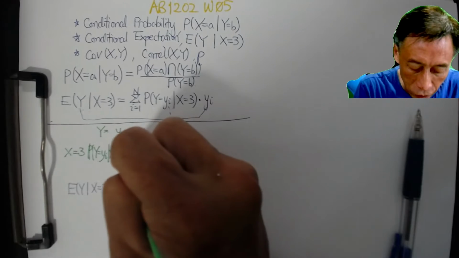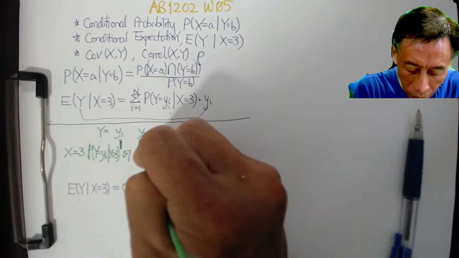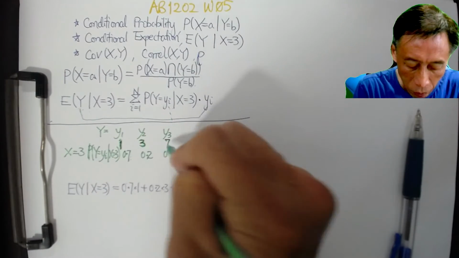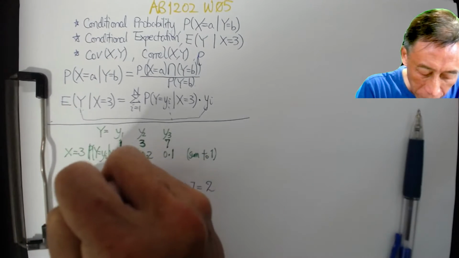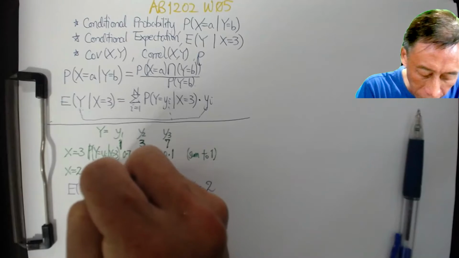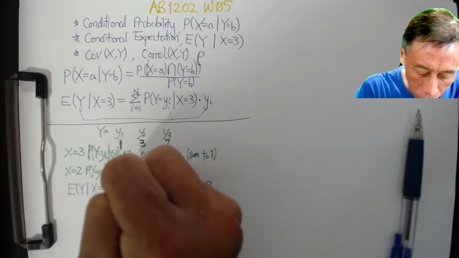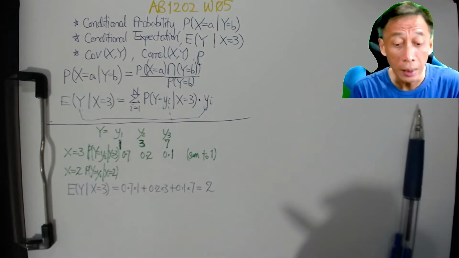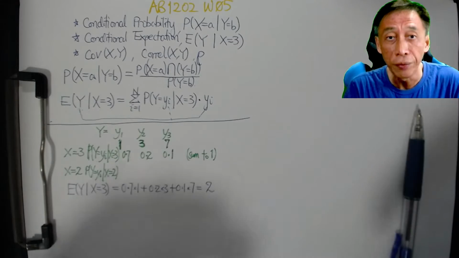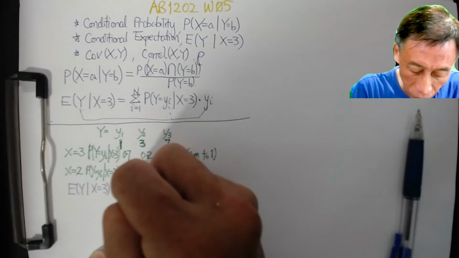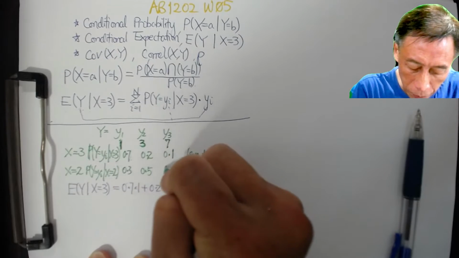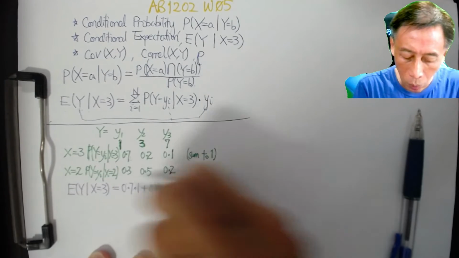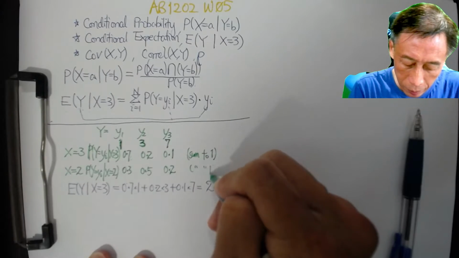Now, the reason why I have a little bit of gap here is to show you a little bit of extension so as to make it a 2-dimensional space. What does that mean? So let's say x equals 2. Then we have p of y equals yi, given that x equals 2. And they can be different numbers. So for example, 0.3, 0.5, 0.2. Again, row-wise, it has to sum to 1.